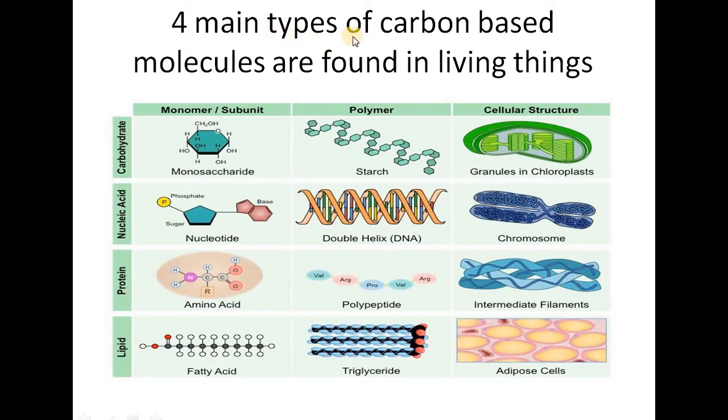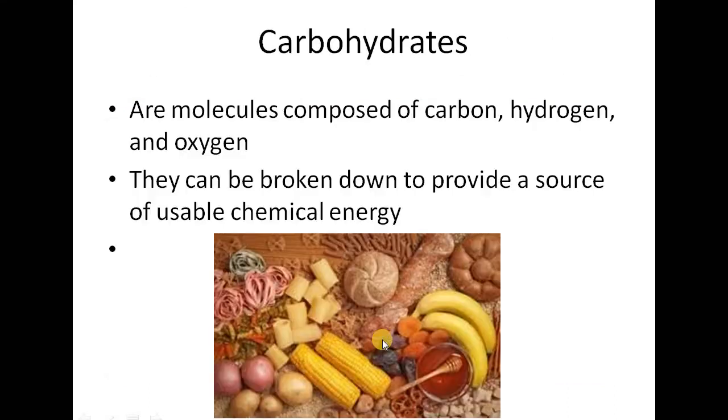We have four different types of carbon-based molecules that are found in living things. Okay, we have carbohydrates, nucleic acids, proteins, and lipids. The carbohydrates, these are the food sources of carbohydrates.